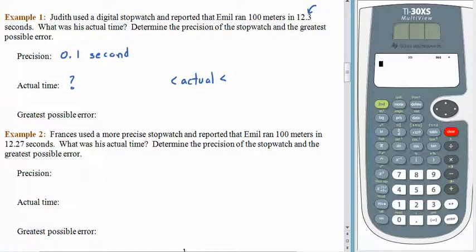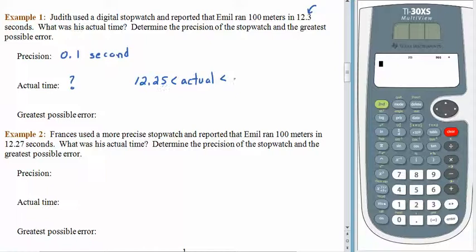When the stopwatch registers 12.3 seconds, what it's actually saying is that the truth is stuck between, or is one of the possibilities of things that actually rounds to 12.3 seconds. So Emil's actual time could have been as low as 12.25 seconds. That would have rounded to 12.3.